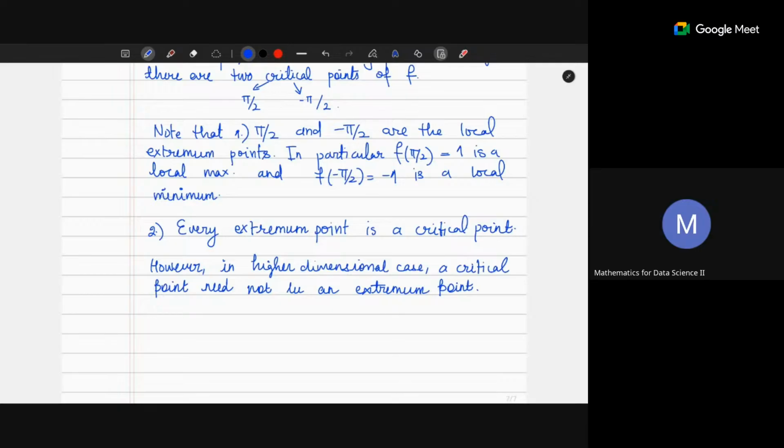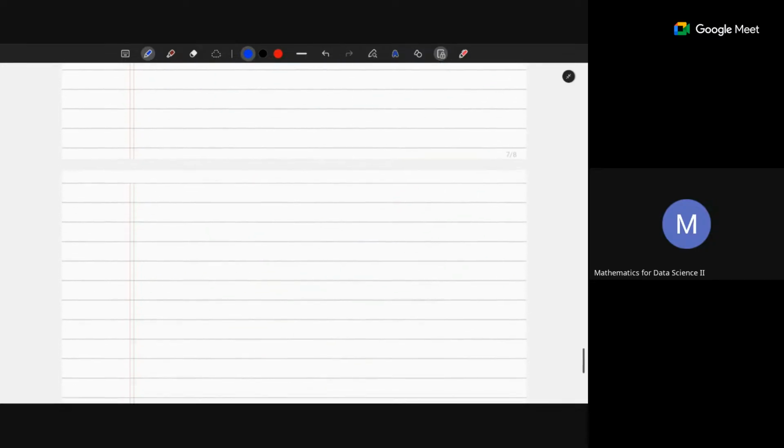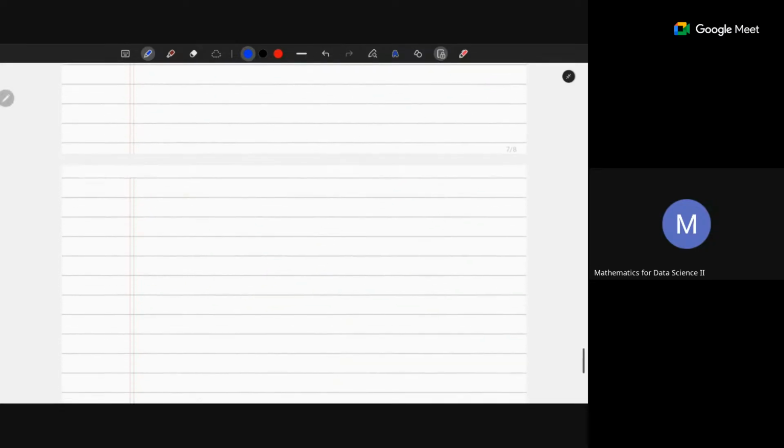But before that, let me talk about the local extremum points for high dimension. Local extremums.